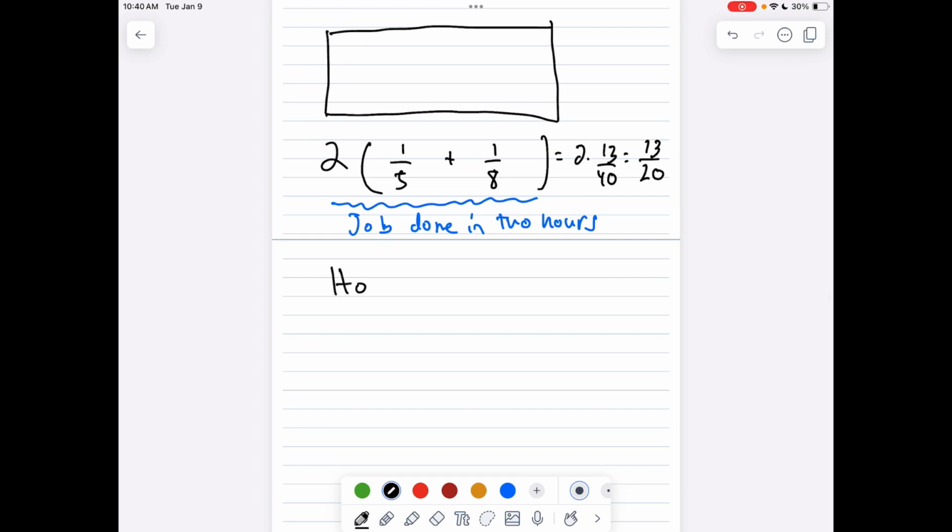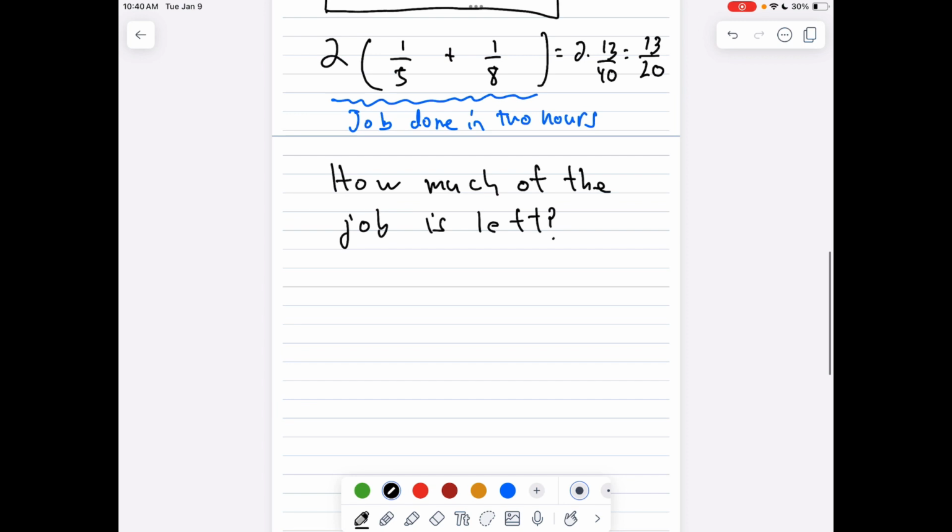So how much of the job is left to do? Well, if you had one job to empty the pool and you subtract what you've already done, 13/20ths, you have 7/20ths of the pool left to pump out.